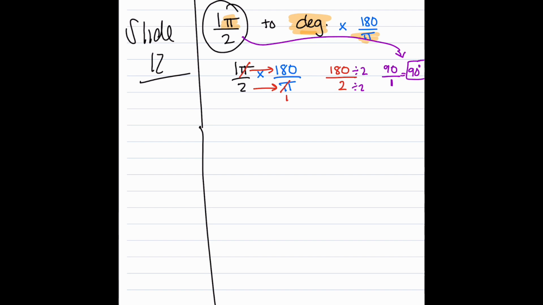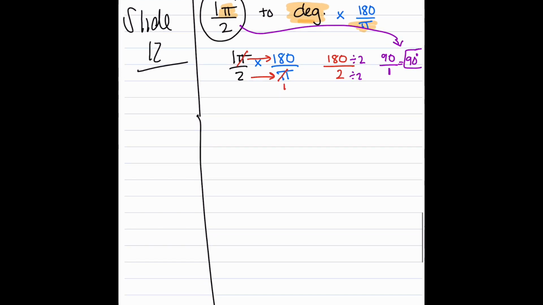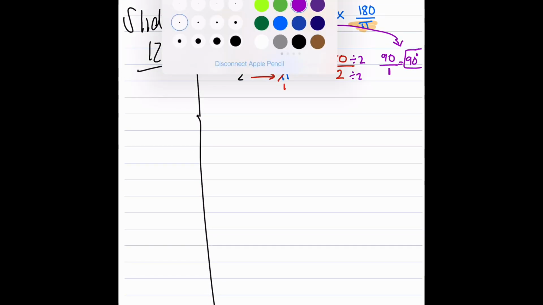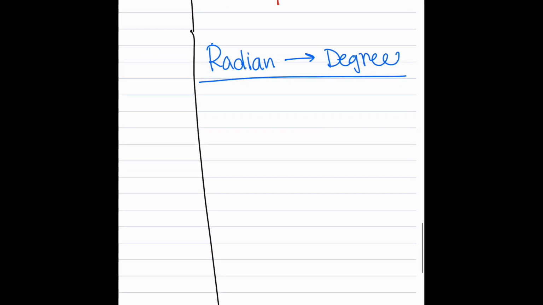And then for the remaining slides, so slide 14 and 15, you have to basically decide which one you want to use. So if you're converting from radian to degree, you want to multiply by 180 over pi. You want to end up at the degree, so the pi's got to cancel.